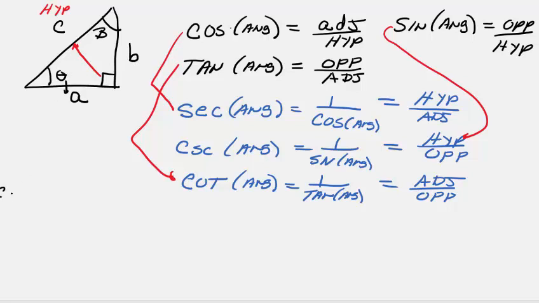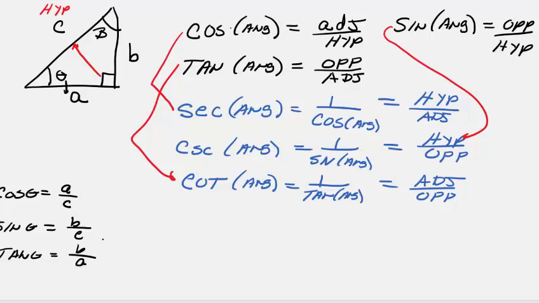So we could say that the cosine of theta is equal to adjacent over hypotenuse, which is equal to A over C. We can also say that the sine of theta is equal to opposite over hypotenuse, which is equal to B over C. And we say that the tangent of theta is equal to opposite over adjacent. That's B over A.